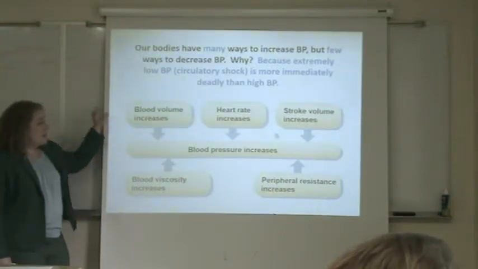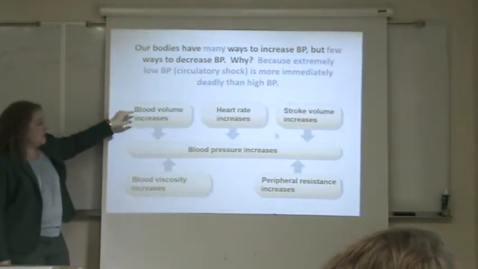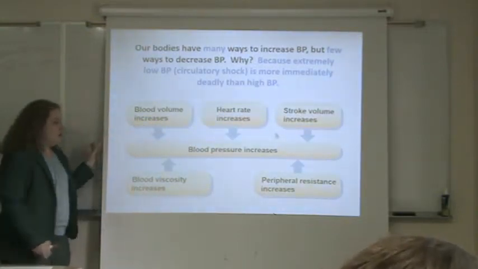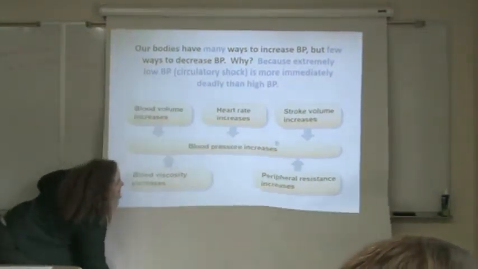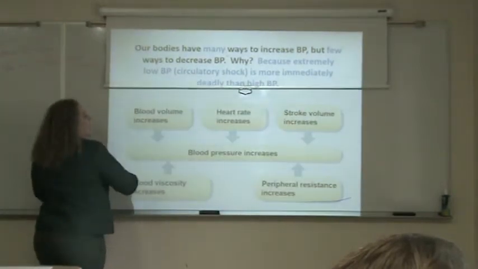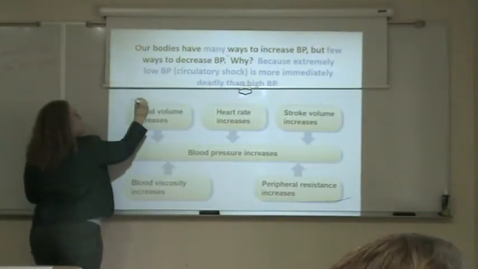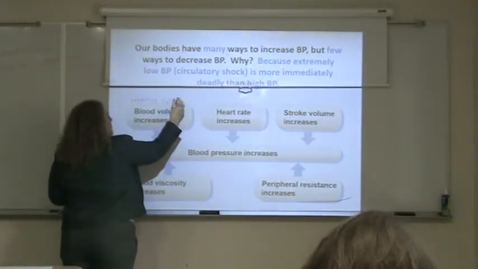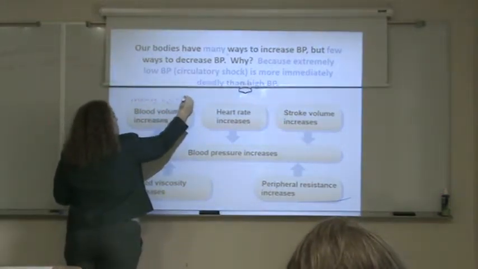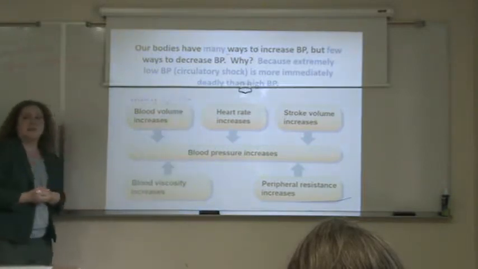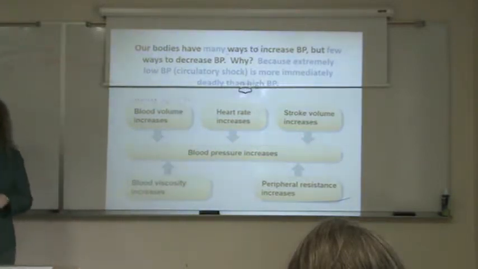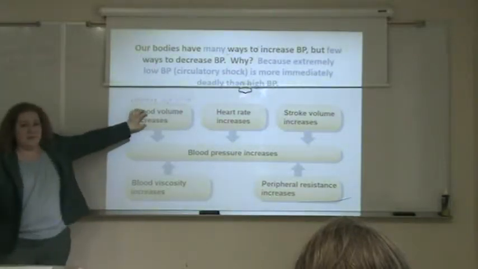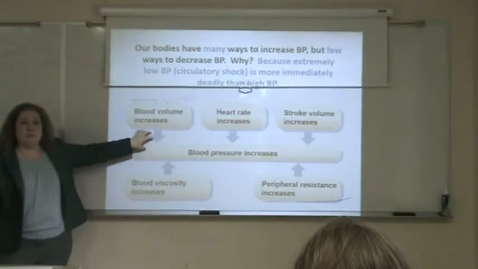If our body needs to increase blood pressure, we can have more blood volume, which we do by retaining water or sodium. That's going to come up later. That will increase our blood volume, and that will raise our blood pressure.